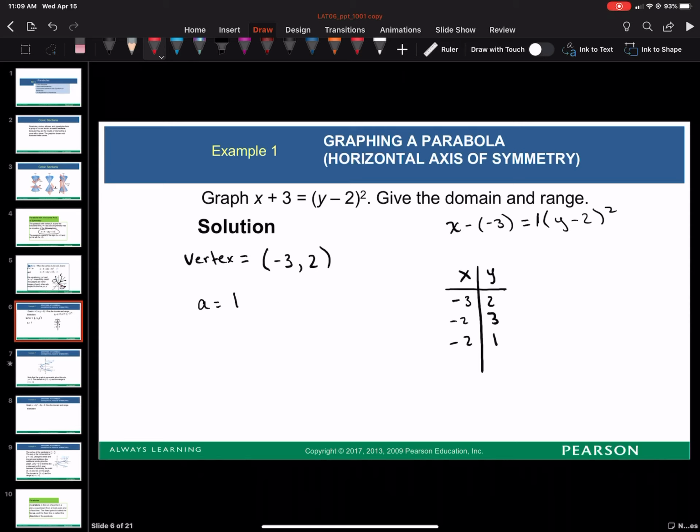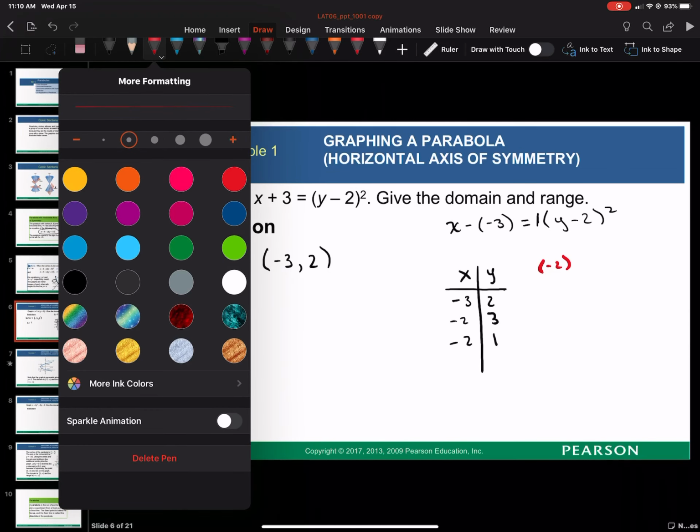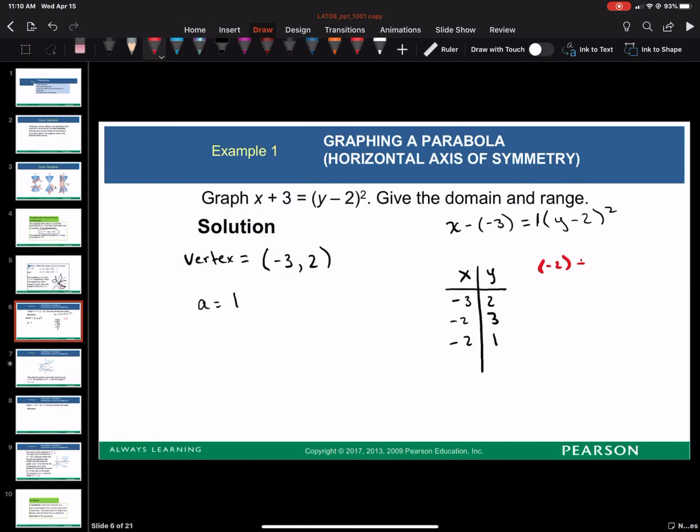So when we put this in, we got what? Let's say we put in x equals negative 2. Negative 2 plus 3 is equal to, then we have y minus 2 squared, right?